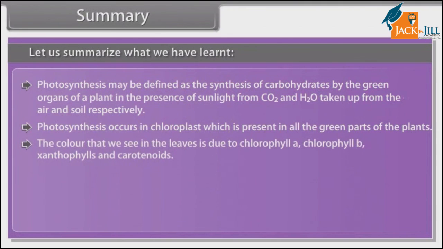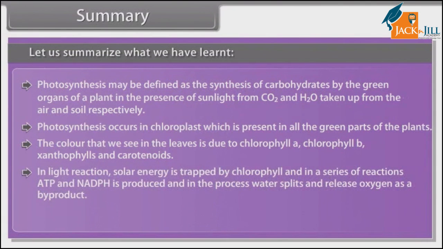The color that we see in the leaves is due to chlorophyll a, chlorophyll b, xanthophylls and carotenoids. In the light reaction, solar energy is trapped by chlorophyll and in a series of reactions, ATP and NADPH are produced, and in the process, water splits and releases oxygen as a byproduct.